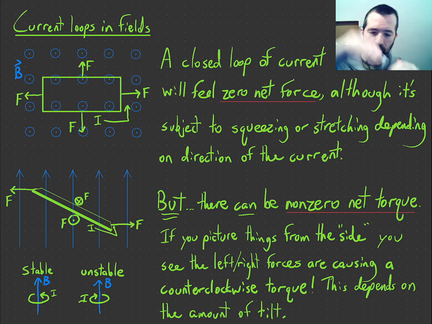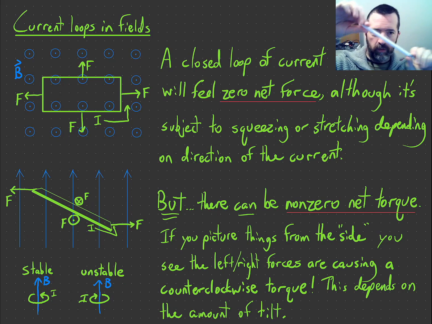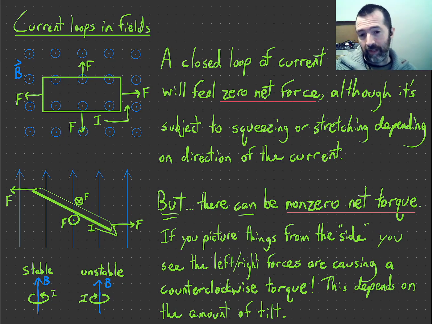And so if the loop is at an angle like that, the two forces would tend to get it to flop down to this horizontal position, a position that's perpendicular to the field. That's the position that it wants to be in.